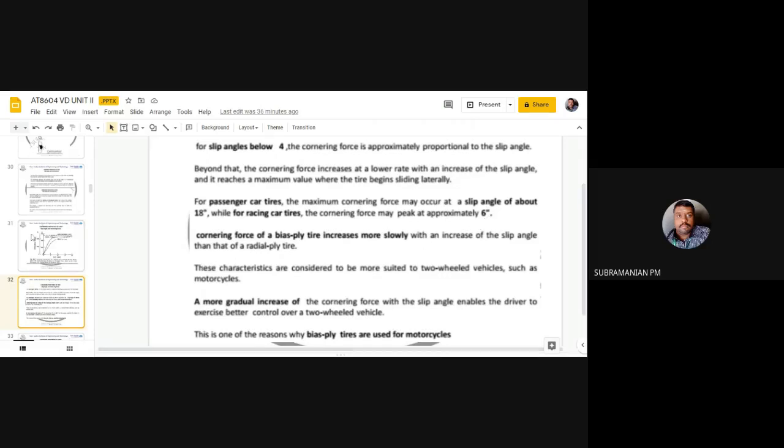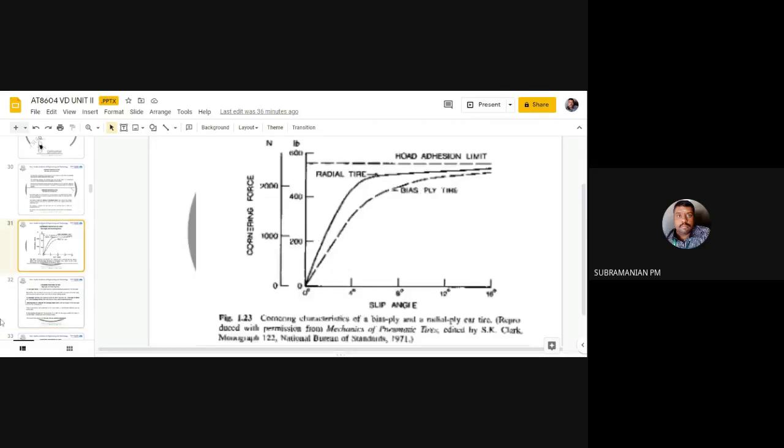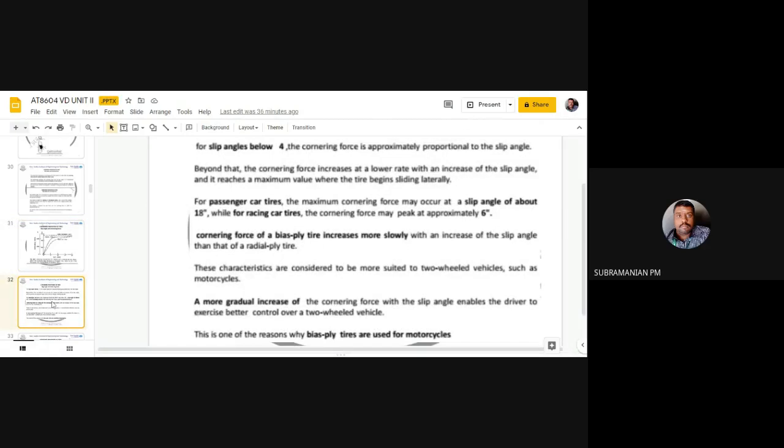And you can see for the bias ply tire, the cornering force increase will be less with increase of slip angle. So you may ask, what is the desired characteristic? I can prefer this characteristic for a two-wheeled vehicle, that is for a motorcycle.